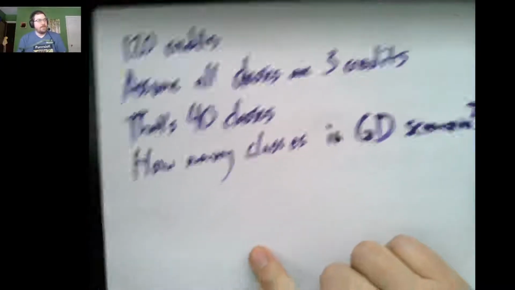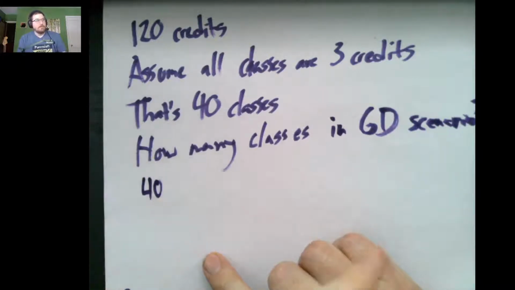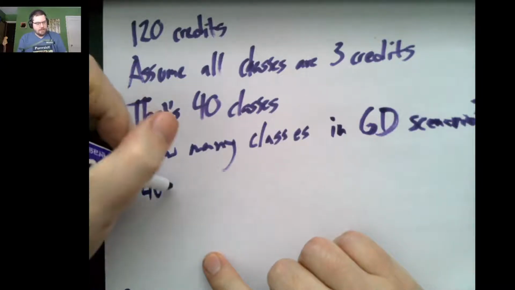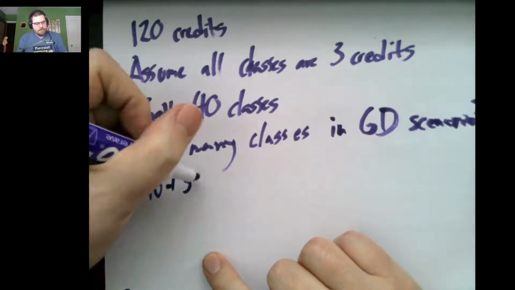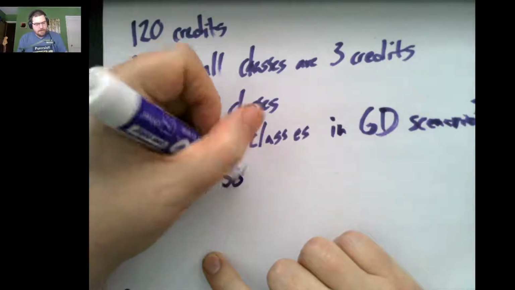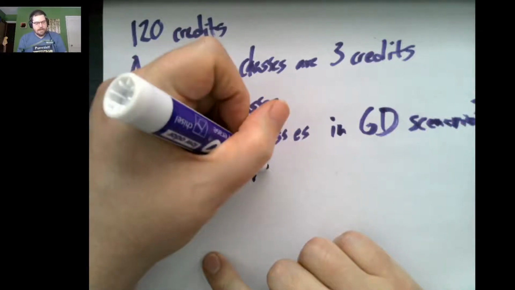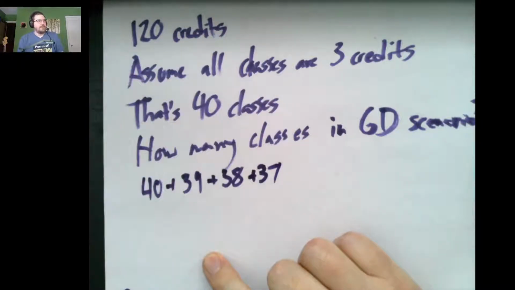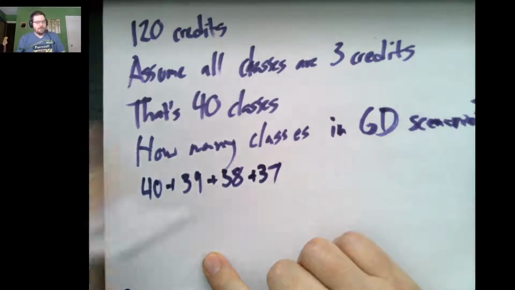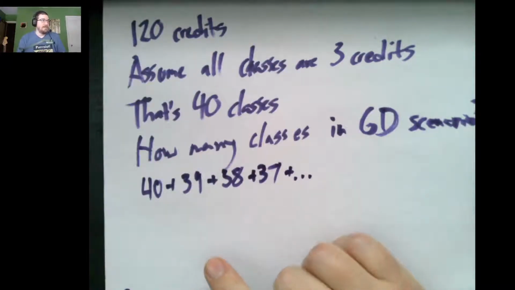Well, the first time I'm going to take 40 classes, right? Then I rewind, and then I have to take 39 classes. Then I rewind again and have to take 38 classes. Then I rewind again and have to take 37. You get the pattern here. So we're going to do the thing that I always hate because I feel like it's kind of hiding magic, but it's not hiding magic.